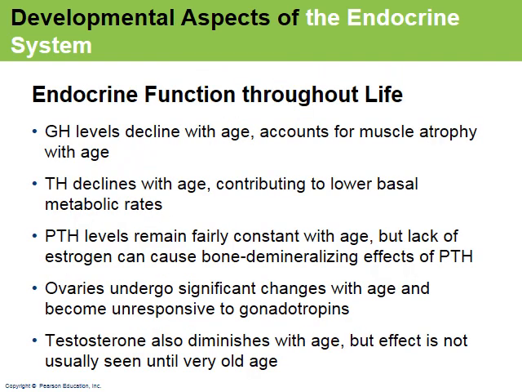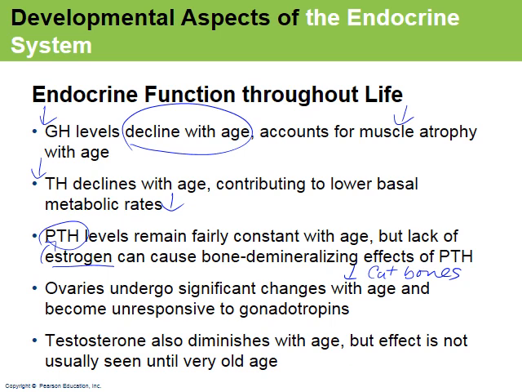So what happens as we age? Everything declines. So if you have declined growth hormone, declined muscle, declined thyroid, declined metabolic rate. Parathyroid levels are mostly constant, but estrogen can affect the parathyroid hormone and cause you to lose calcium in your bones. Ovaries undergo significant changes with age.